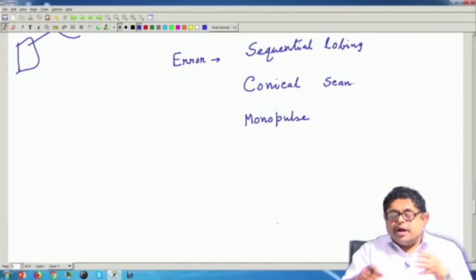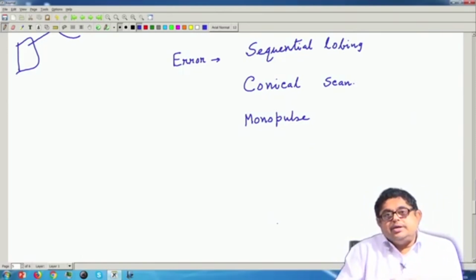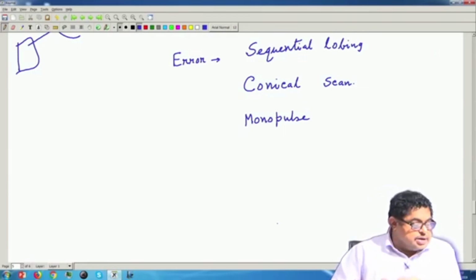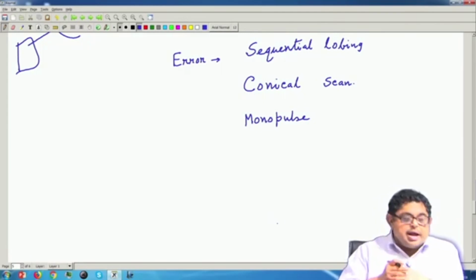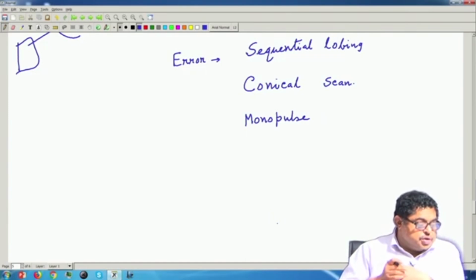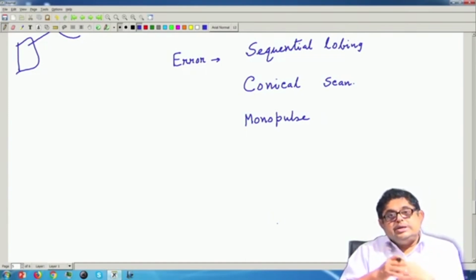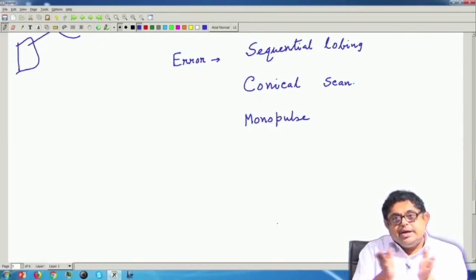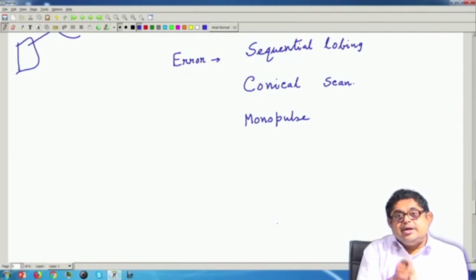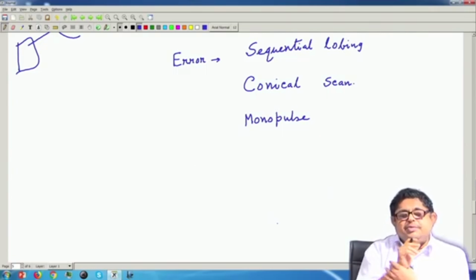Now, as I already said, the angle resolution of a tracking radar is several orders of magnitude better than the antenna beam width. So, what is the concept of resolution? Resolution means, if there are two targets, what is the minimum angular separation of two targets so that the radar will be able to say that there are two different targets.